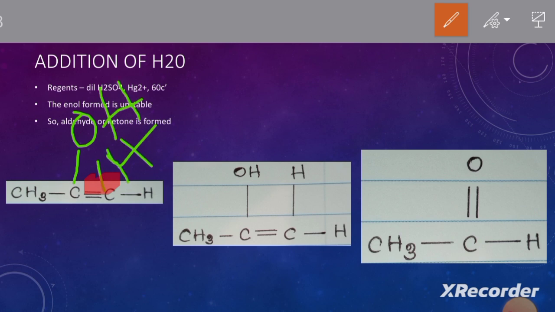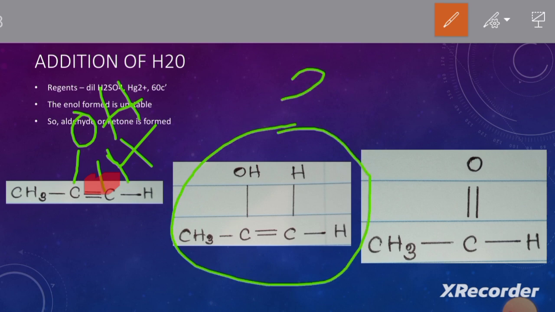Hydrogen goes to the place with more hydrogen, and OH goes to the place with fewer hydrogen. So this compound is formed, and it is known as enol. Enols are unstable, so we do not write the enols in organic conversions.